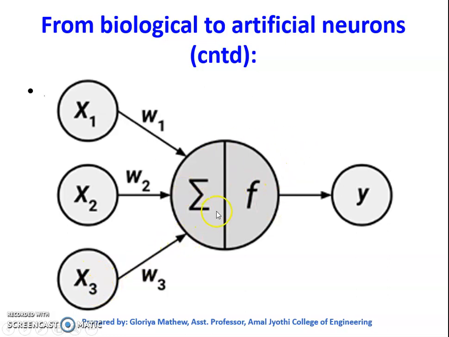Within the cell body, all these input signals are summed up according to the weights, and by using the activation function F, it transmits its output to the next neuron, which is indicated as Y. Y is the output neuron and x1, x2 and x3 are the input neurons.